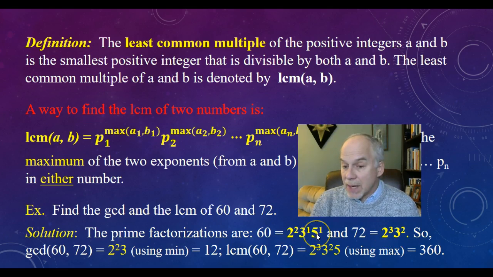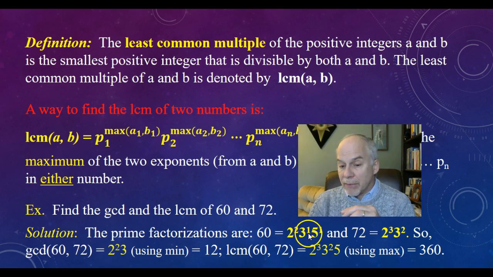The 5 is not in both. And then we're going to take the lowest of the exponents. Here you have 2 squared, and over here you have 2 to the third, so the minimum of that is 2 to the second. So you take 2 to the second power, and as far as the 3's, you have 3 to the first and 3 to the second, so the minimum of those two is 3 to the first.